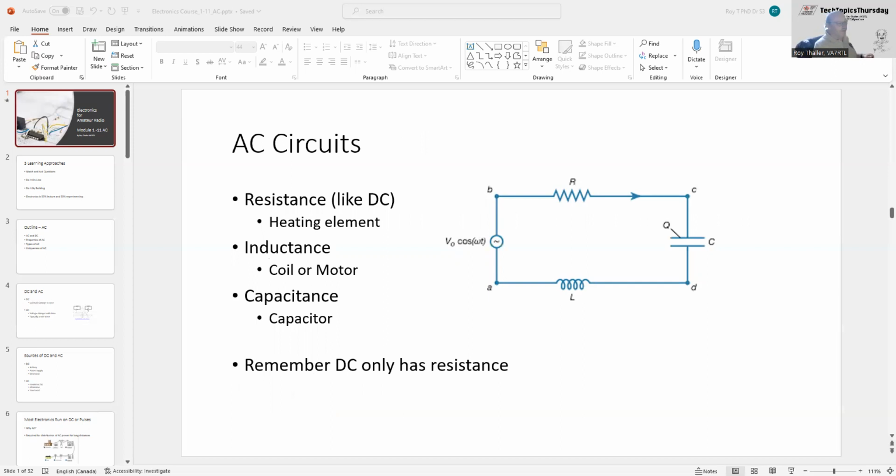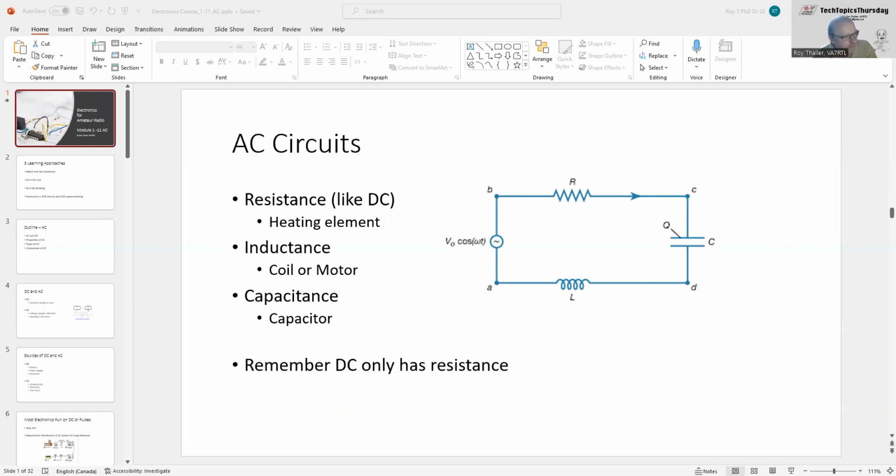So in an AC circuit, we have a number of additional components. In a DC circuit, we have a resistor, but in AC, we have an inductor, which is like a coil or a motor, and we also have something known as a capacitor.